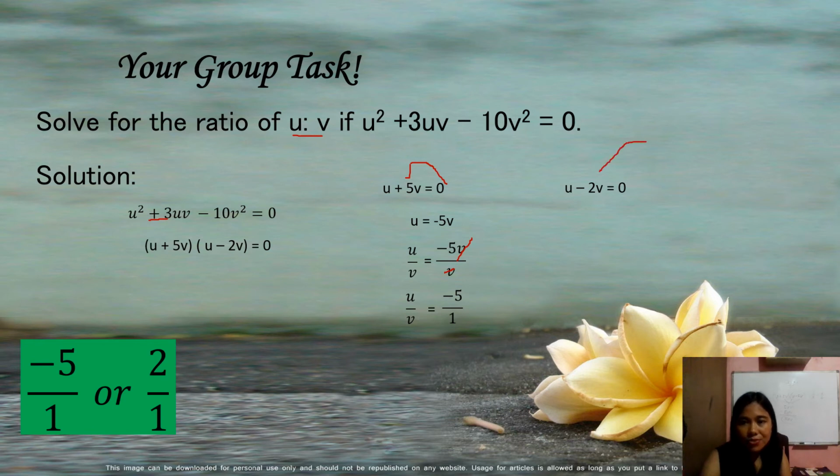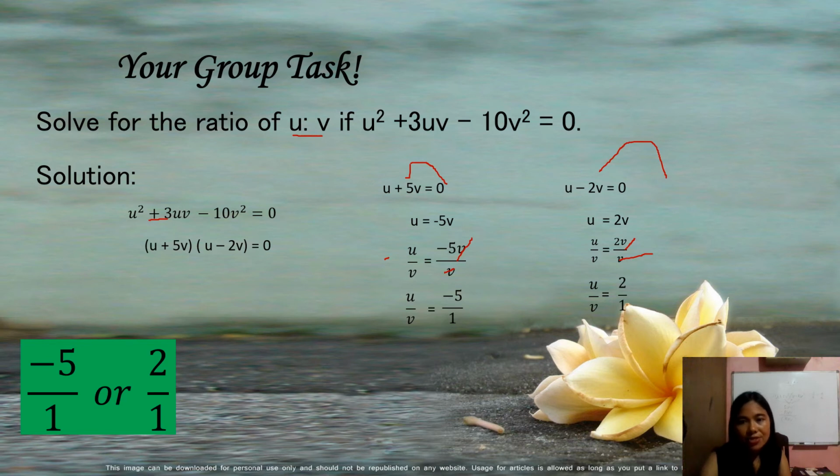Transposing negative 2v to the other side will give us u equals 2v, and just like what we did in the first factor, we will divide both sides by v. So we will come up with u to v is equal to, cancel out v, so what remains is only 2. So for it to form a ratio, you just put 1 below.